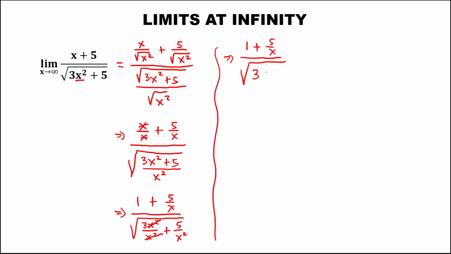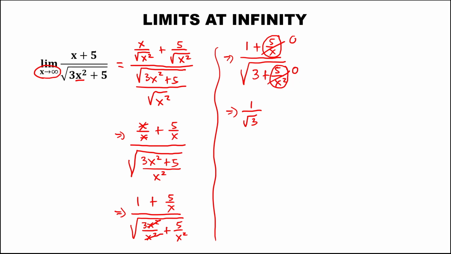So this is 3 plus 5 over x squared. Then for these limits at infinity, a constant over x to the power n is 0. So the remaining is 1 over the square root of 3.